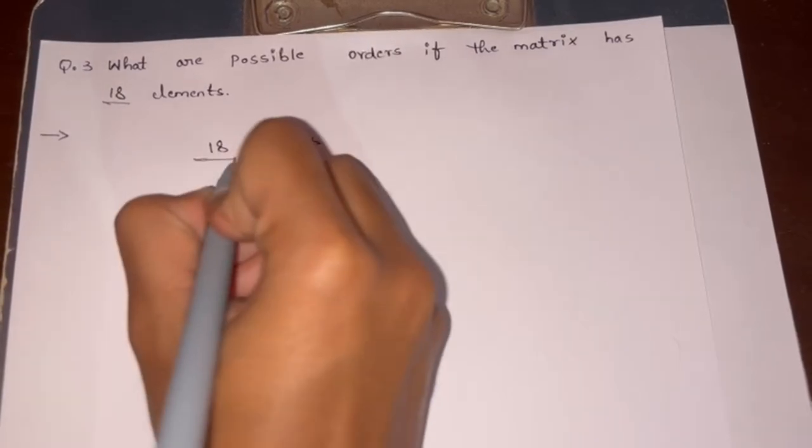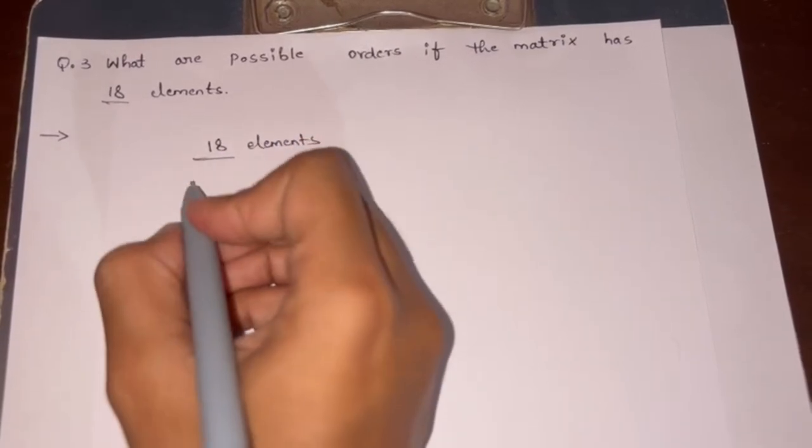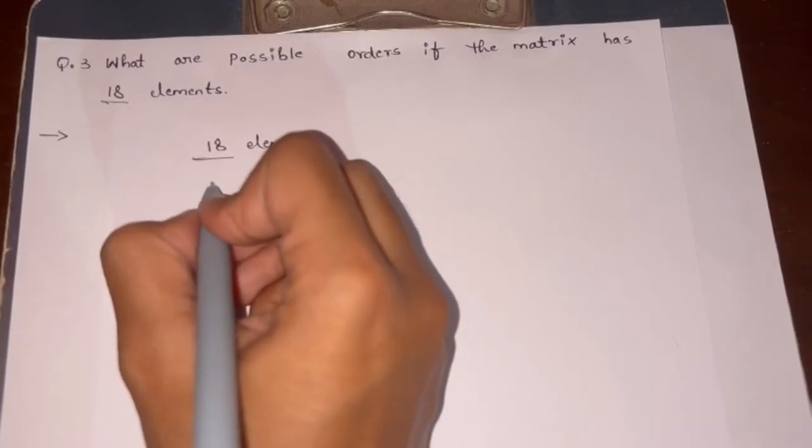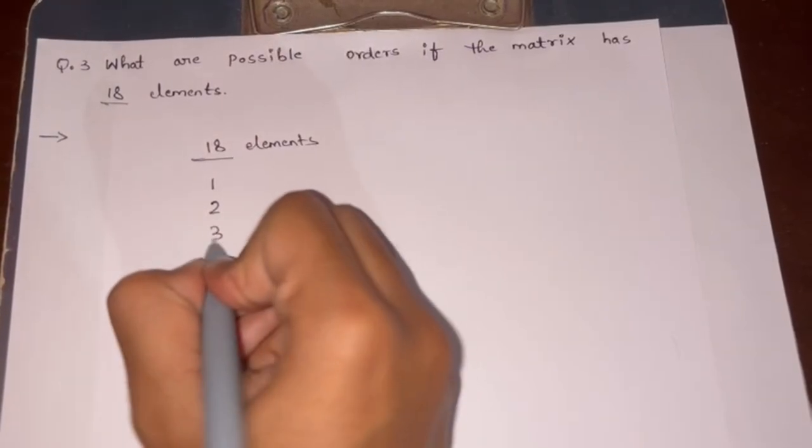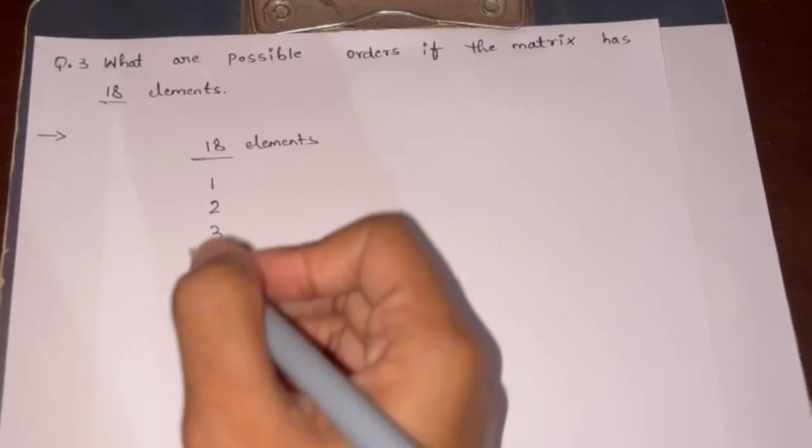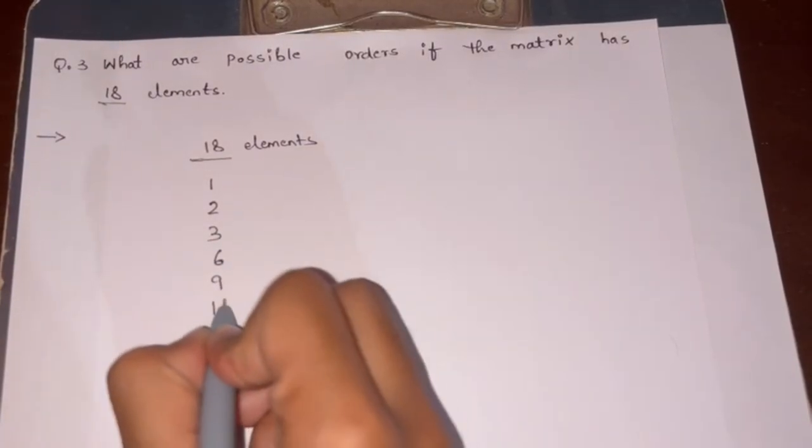Nothing but you just have to find the factors. For 18, the factors are 1, 2, 3, 6, 9, and 18 itself.